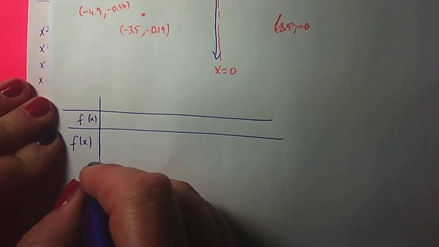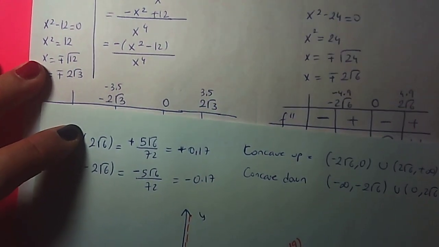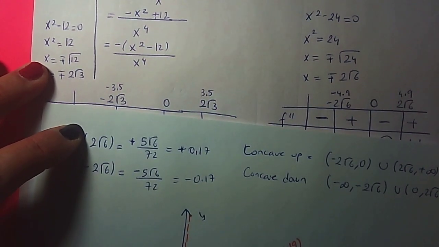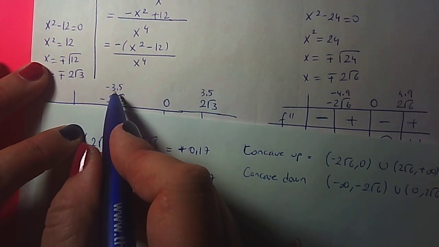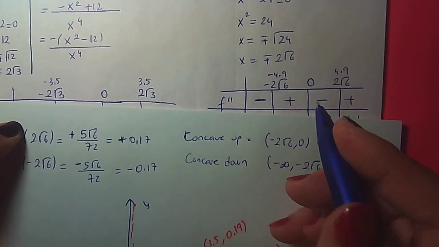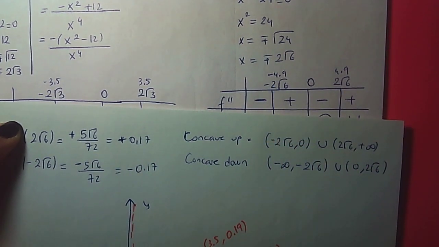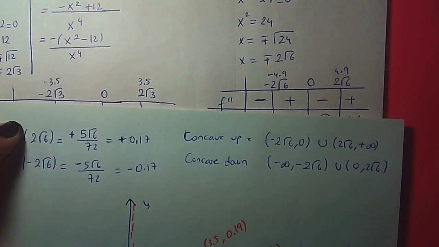To be able to do that, again, we need to take all the values from the first derivative table. So we have negative 2 root 3. We said that is negative 3.5. We have 0, positive 3.5. From the second derivative table, we have negative 4.9, 0, positive 4.9. Put them in order. So we have negative 4.9, negative 3.5, 0, positive 3.5, and positive 4.9.